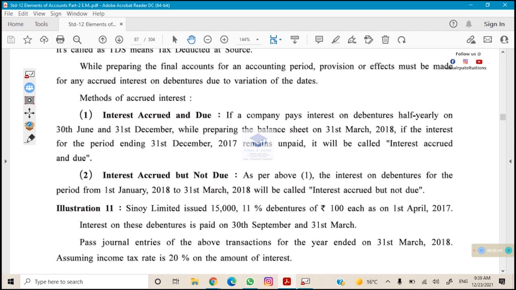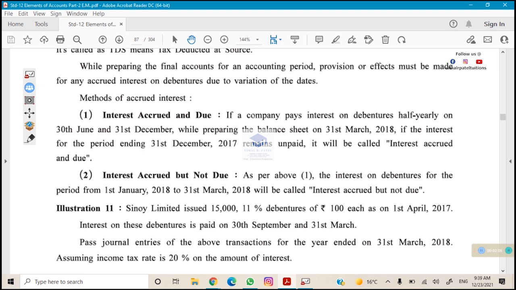Then interest accrued but not due. As per the above, the interest on debenture for the period from 1st January to 31st March will be called interest accrued but not due.